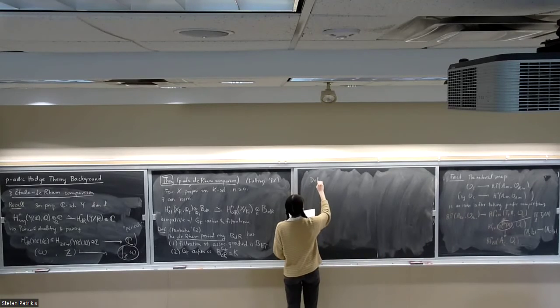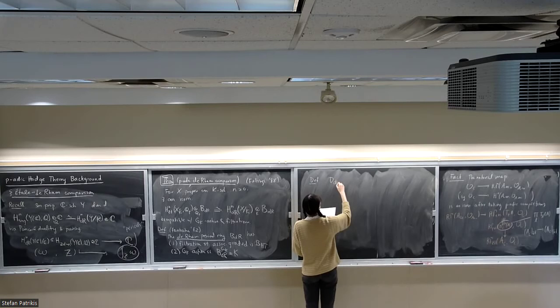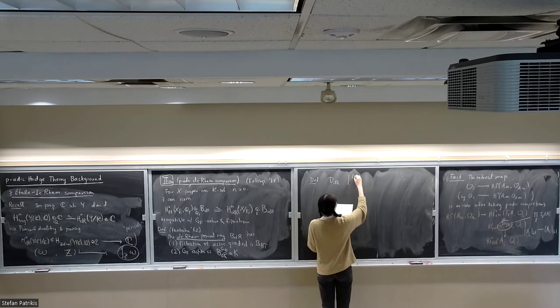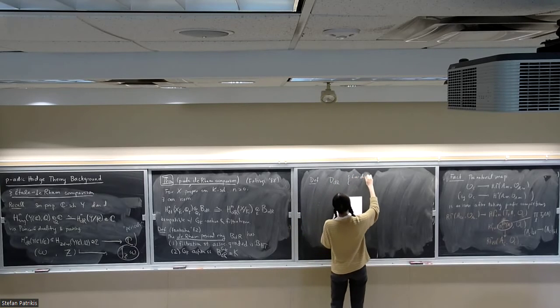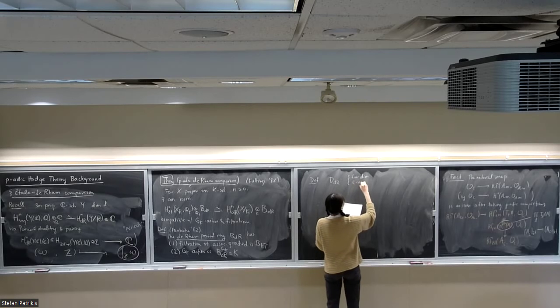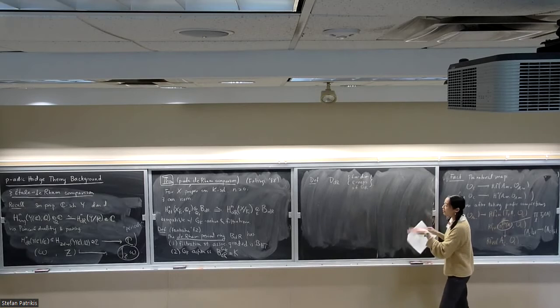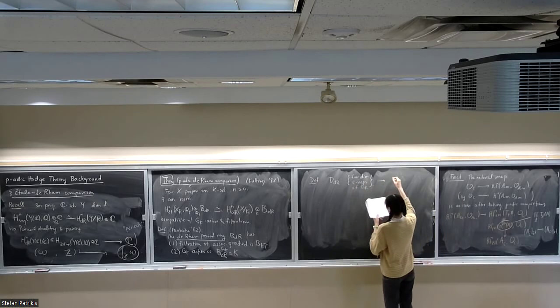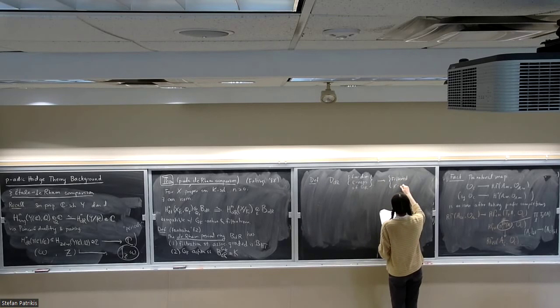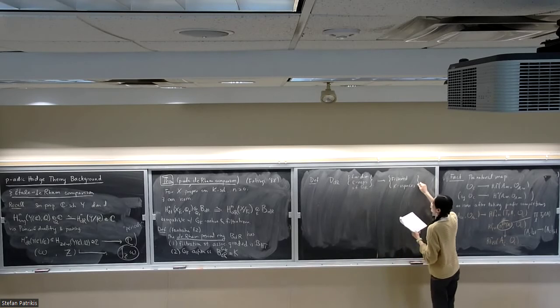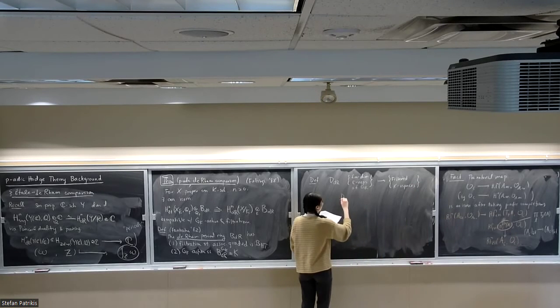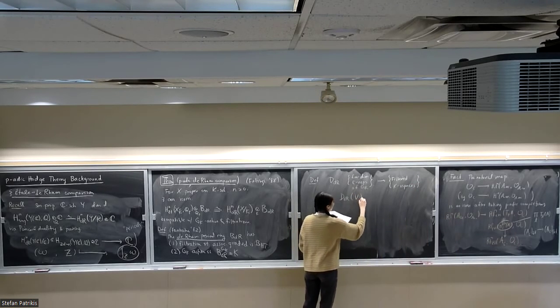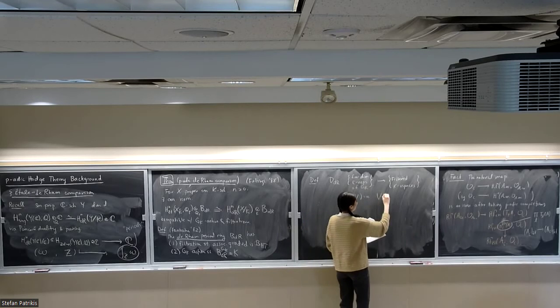So the definition of the functor D-dR from finite dimensional Galois representations with C coefficients to filtered K vector spaces is given by taking the representation V, tensoring it with B-dR.